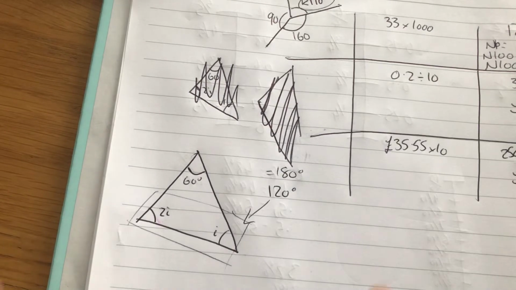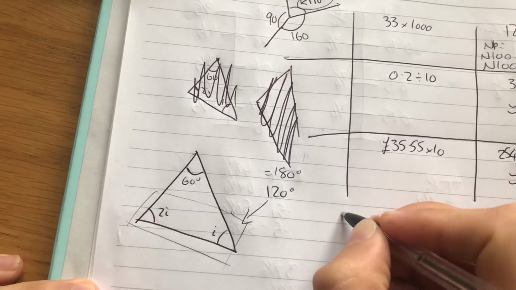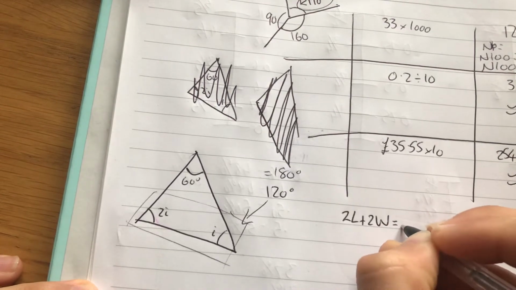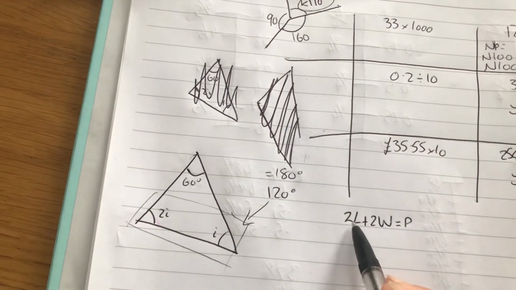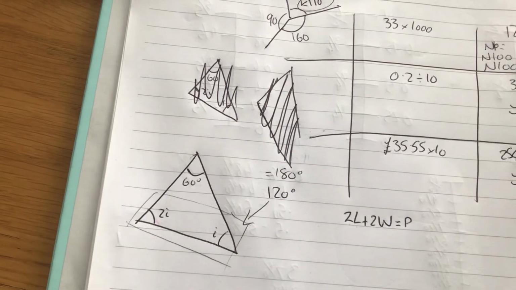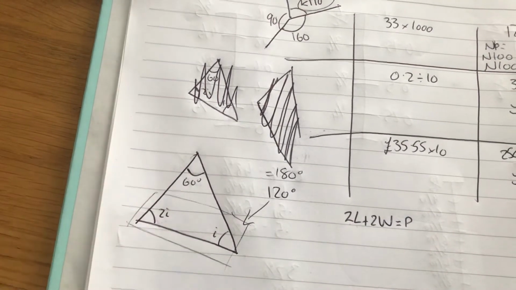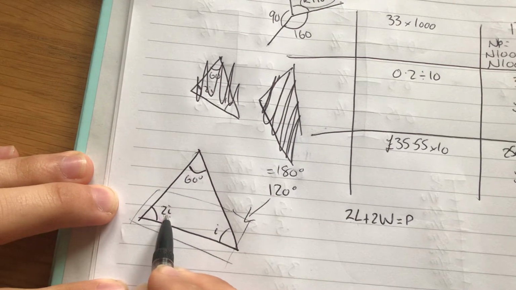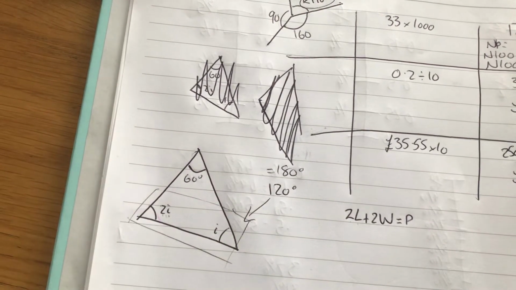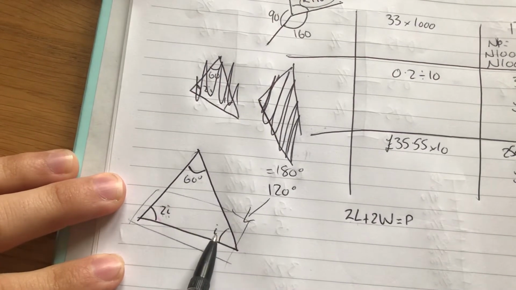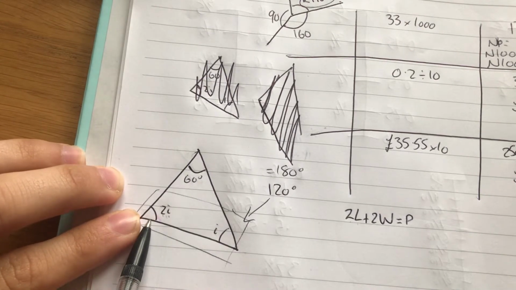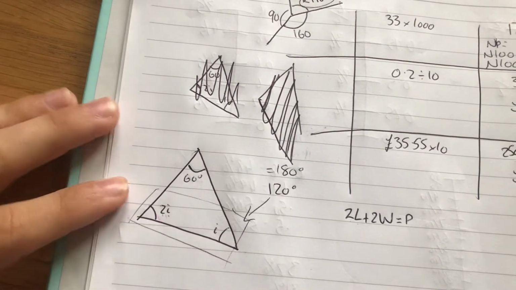Okay, so when we're doing perimeter, when it was 2L add 2W, it made the perimeter, didn't it? 2 lengths. So 2I just means it's two lots of them. So if ever you see something like this, it means whatever the total of I is, this one is worth 2 of them. If you don't get that, that's fine.